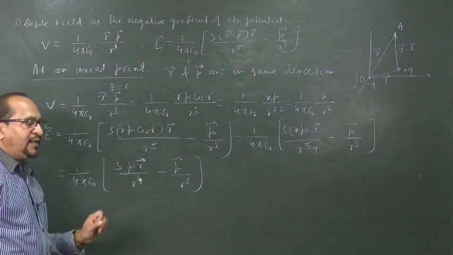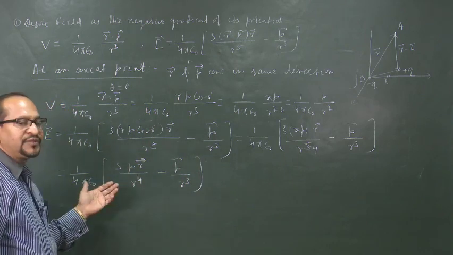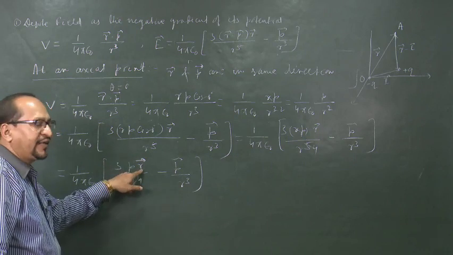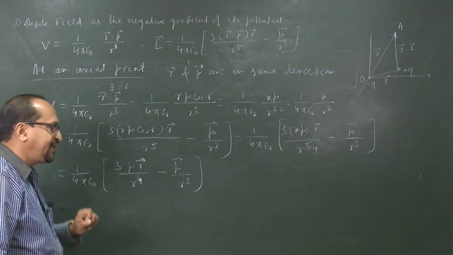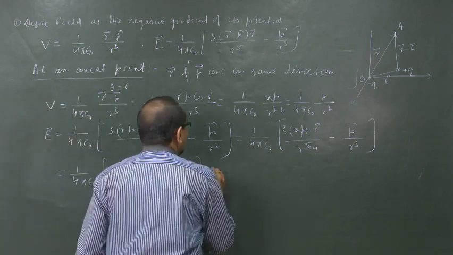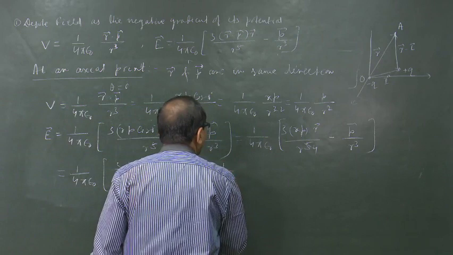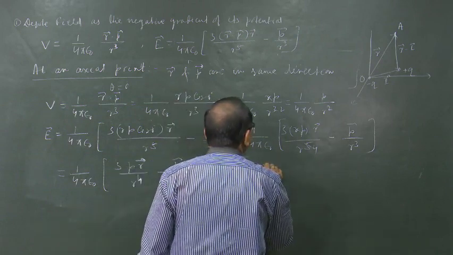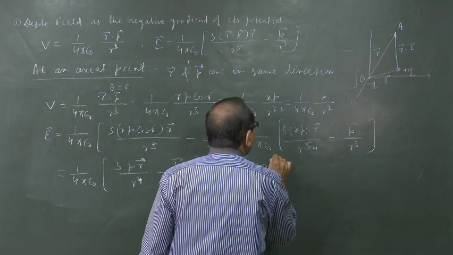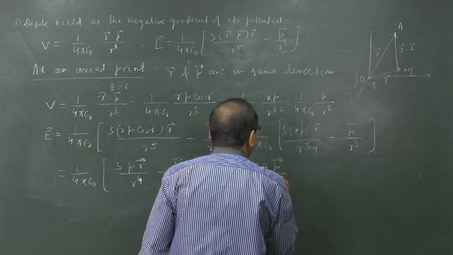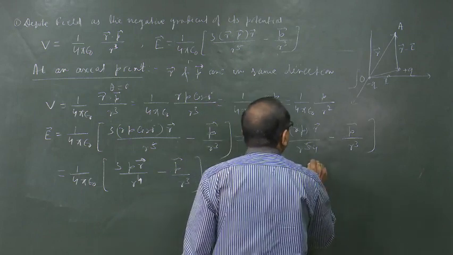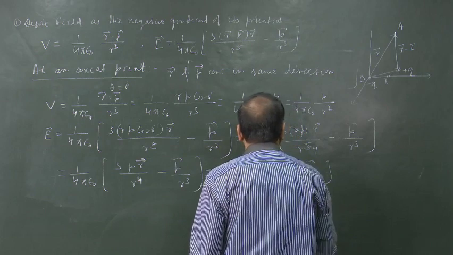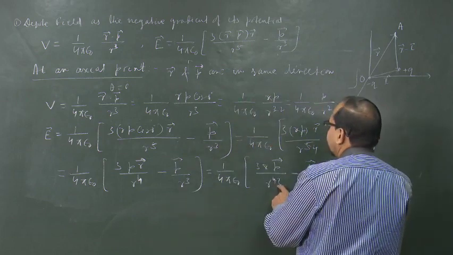This p and r here along the axis have the same direction. So, I can put the arrow over p and take the magnitude of r here, because they are in the same direction. So, I can just rewrite it as 1 by 4 pi epsilon naught into 3 r into p divided by r to the power 4 minus p by r cube, and here it cancels out, it becomes r to the power 3.